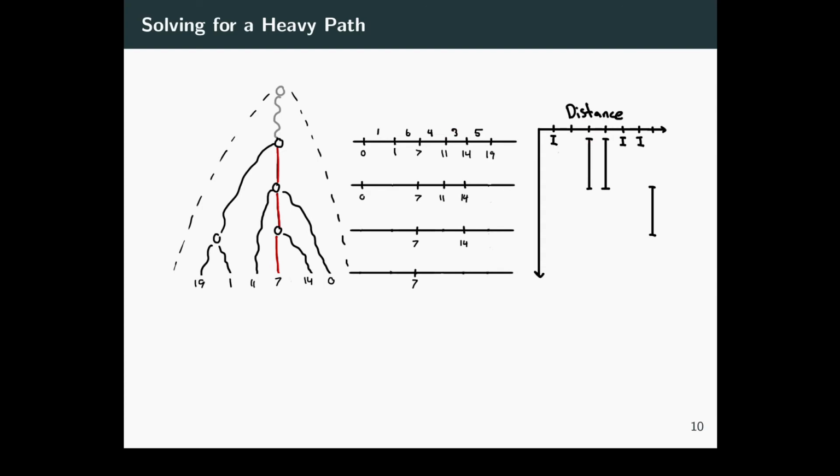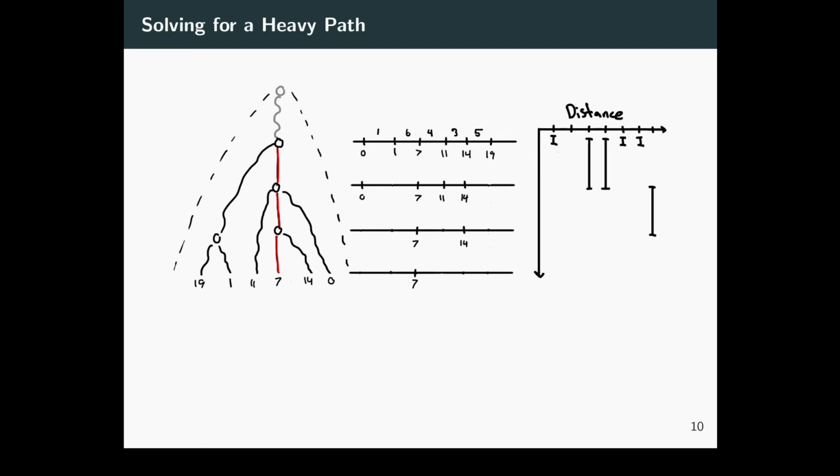And the 2 y-coordinates of the line is going to be the interval on the depth of the heavy path for which that pair exists. For example, the pair of distance 1 only exists on the very apex of the path, and the pair of distance 3, well, that exists at the apex and it survives down to the next node, after which it disappears.